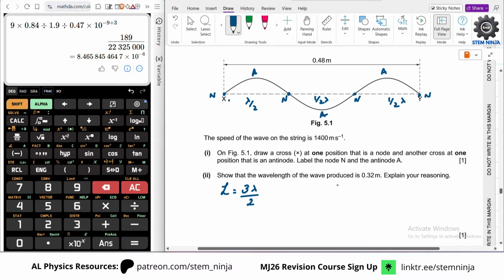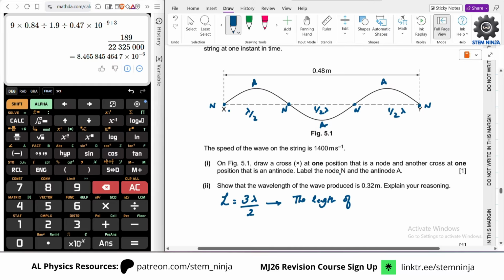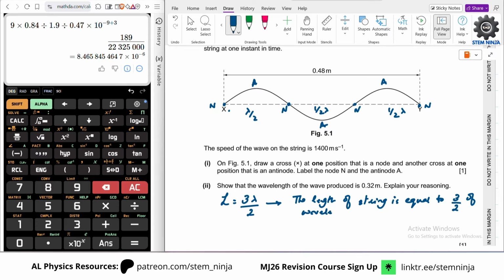So length is 3 by 2 wavelength. So explain your reasoning. The length of the string is equal to 3 by 2 times the wavelength, since every node to node distance is lambda by 2, or half the wavelength.